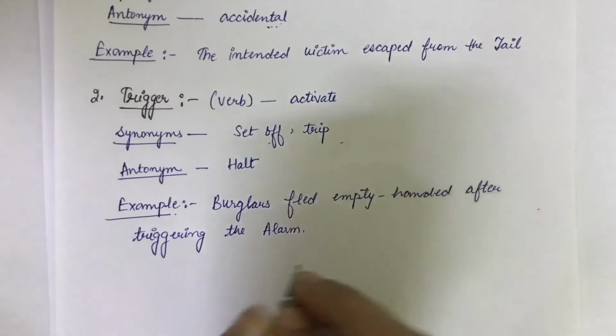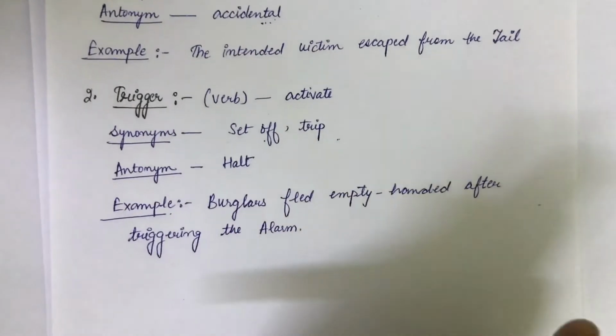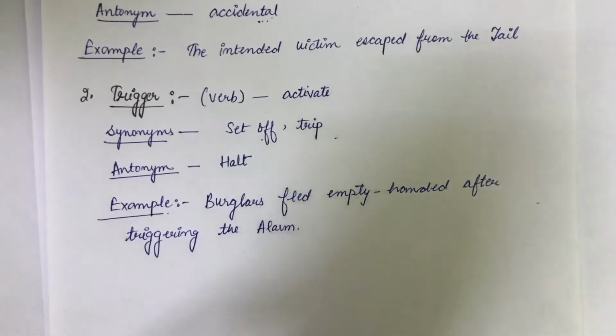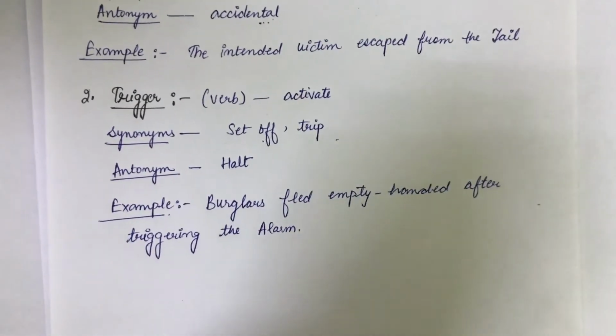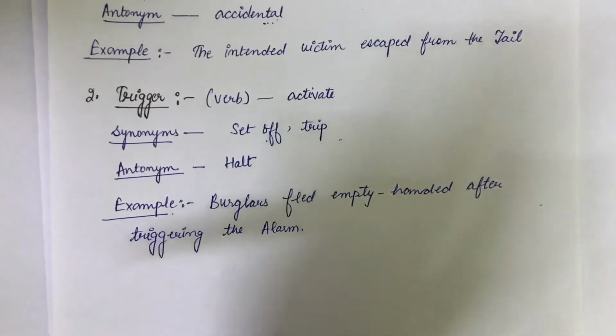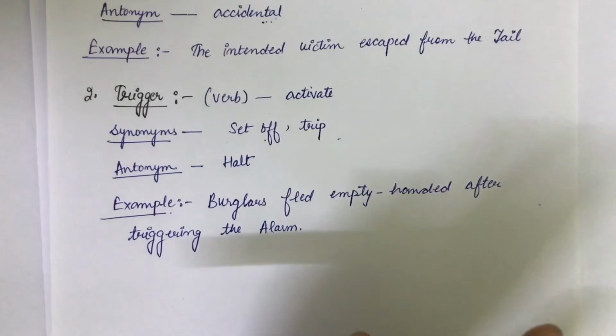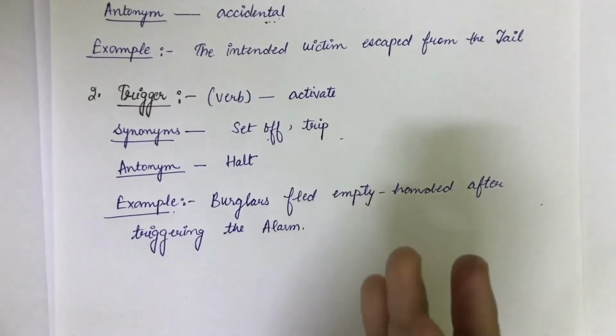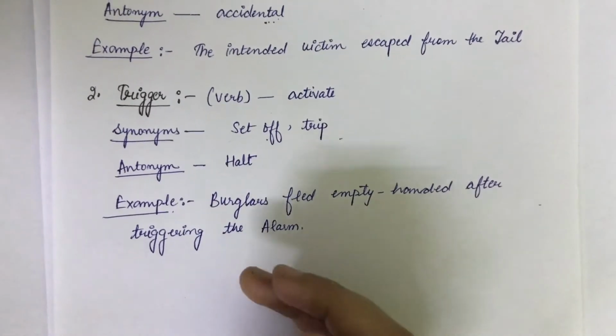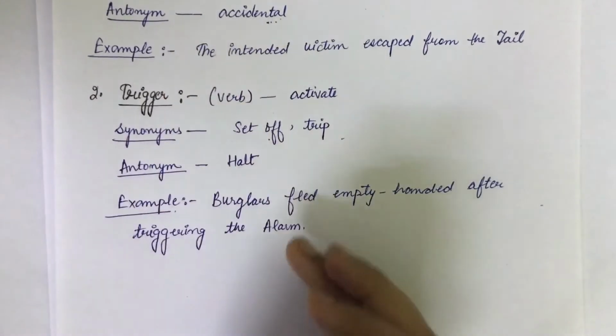Okay, so what does this mean? That someone pressed the alarm, someone activated the alarm, someone set off the alarm or tripped the alarm, then the burglars fled away. Okay, so this is how you have to exactly use the word trigger in your sentence.